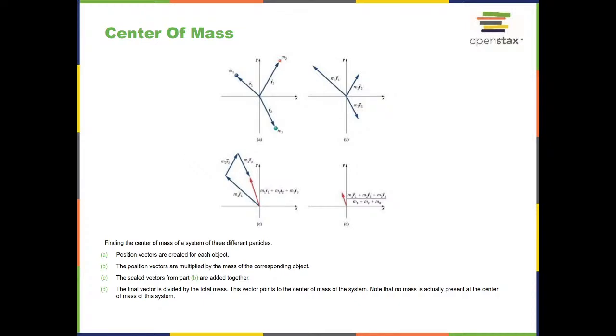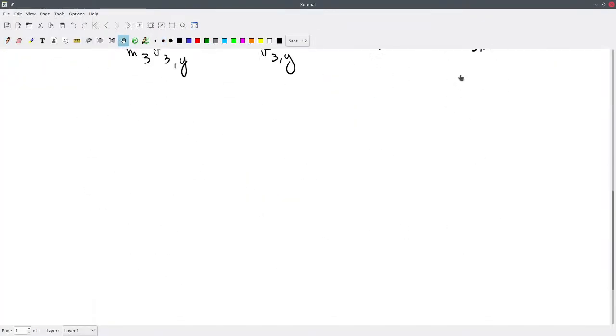And before I go into too much detail on these drawings here, let me outline some of the math behind center of mass calculations. So really what we start from here is a collection of masses, a collection of particles that are interacting with each other.